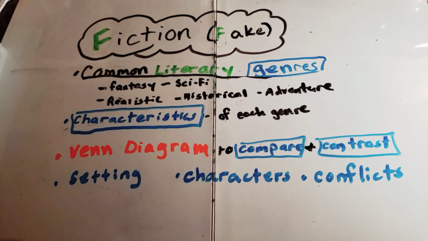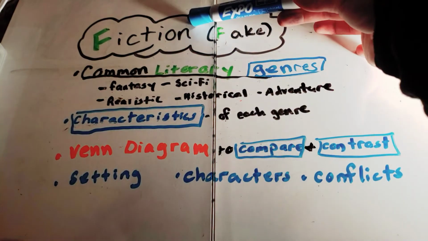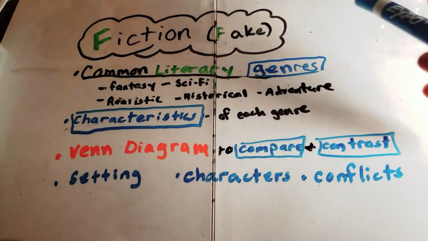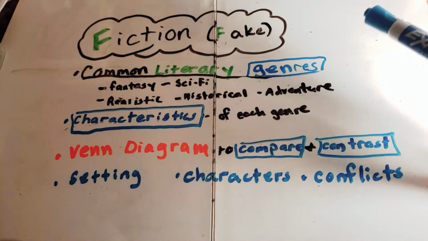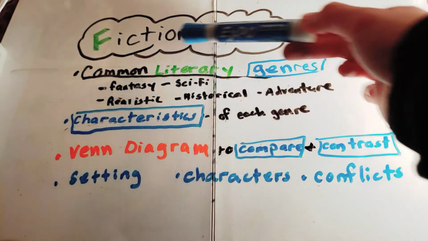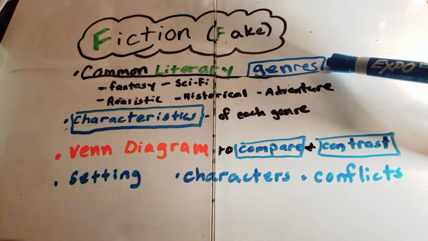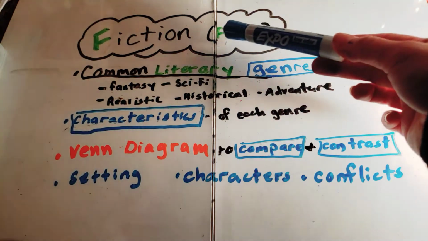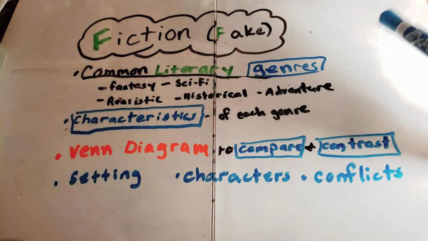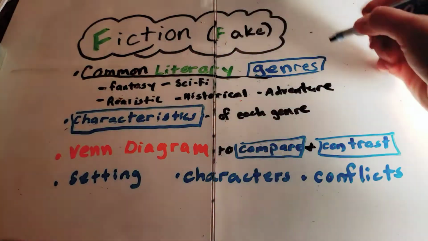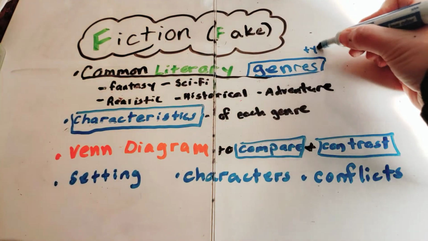So today in this mini lesson, we covered very basically the comment that fiction is about fake stories or made-up stories. We went through a few of the most common literary genres, and literary just deals with fiction, like novels and stuff, and genres just means what type of story.